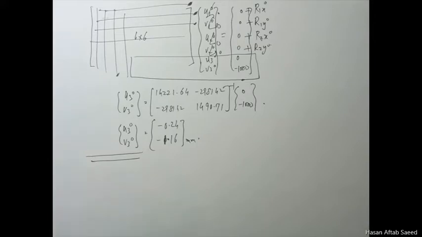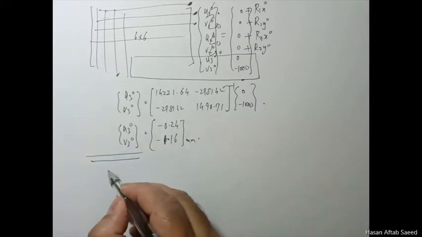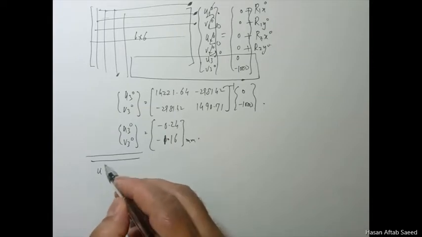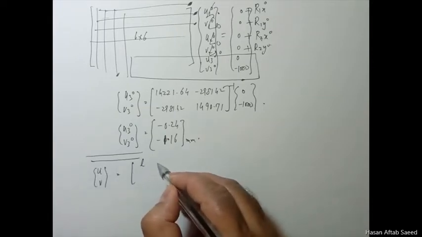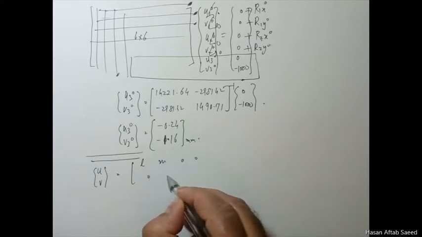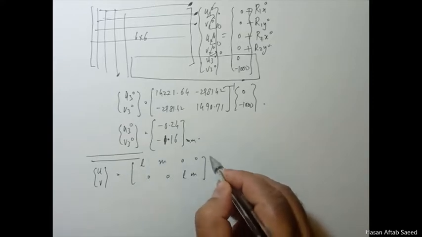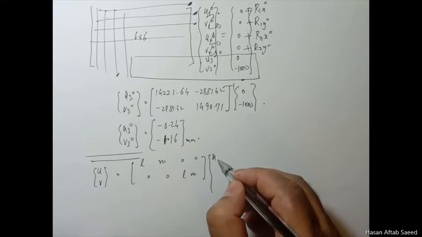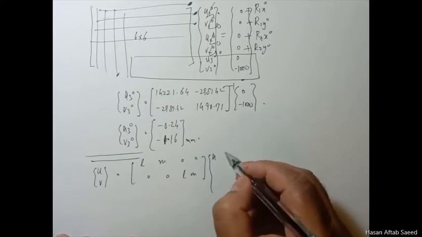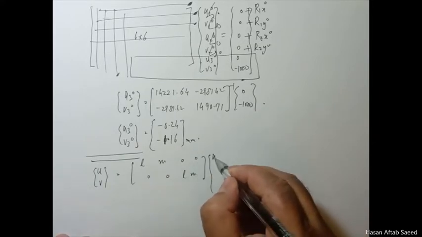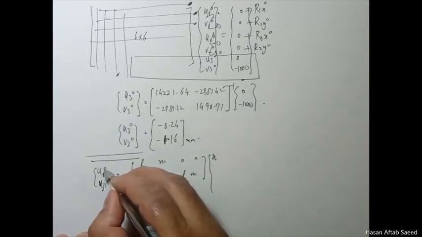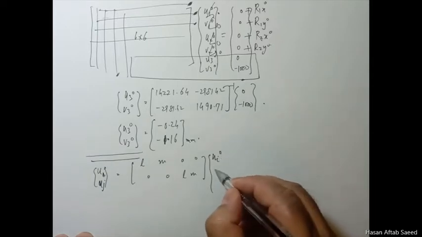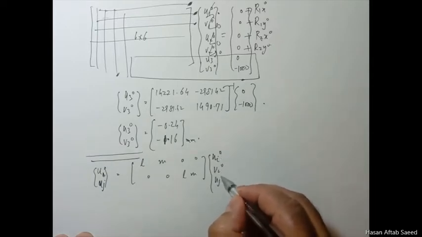That formula, if you recall, was u v equals l m 0 0, 0 0 l m, times ui, vi, uj, vj.